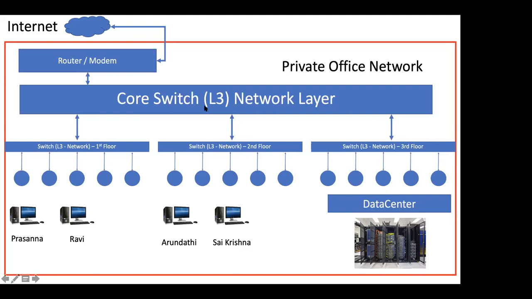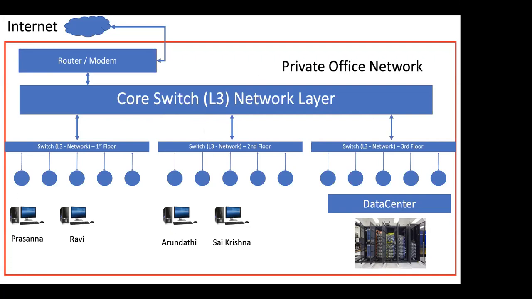So you have an interconnection of various different devices connected to a common network. This red box that you see is a common private network.